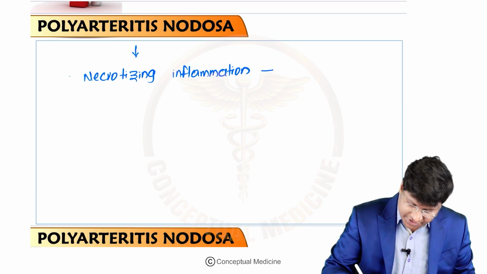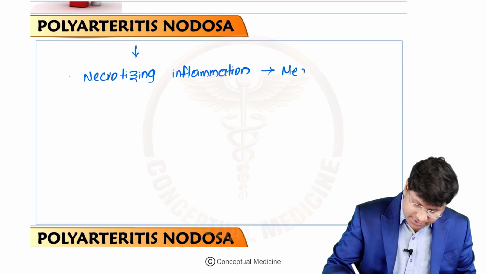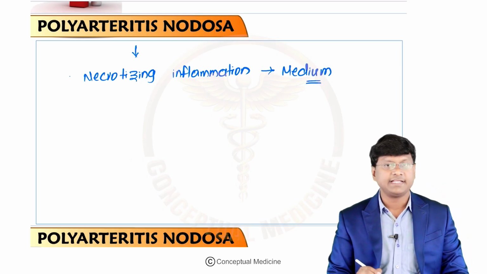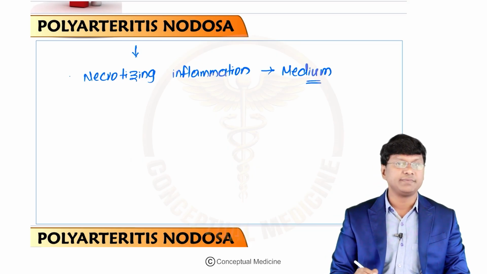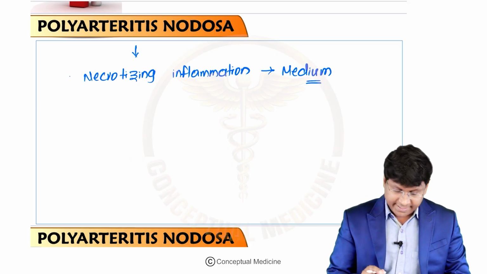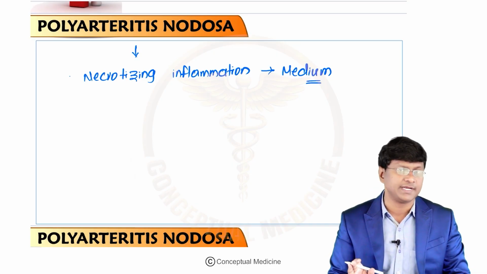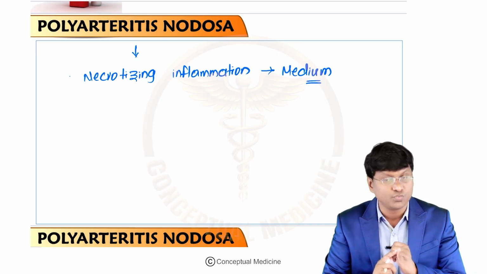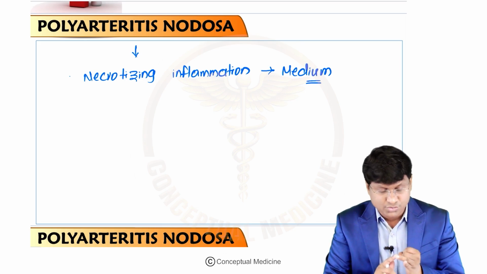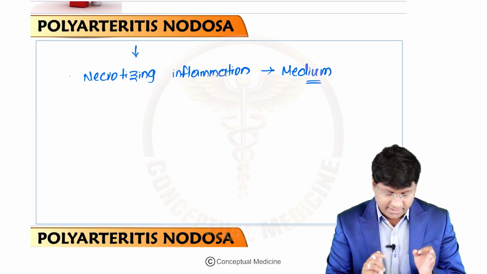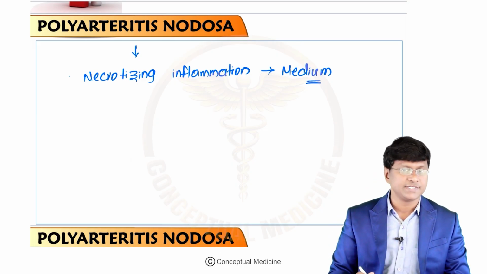And the vessels which are commonly affected are the medium sized vessels. Small vessel involvement will not be there in patients with polyarteritis nodosa. That means there is no involvement of your arterioles, venules, or capillaries.